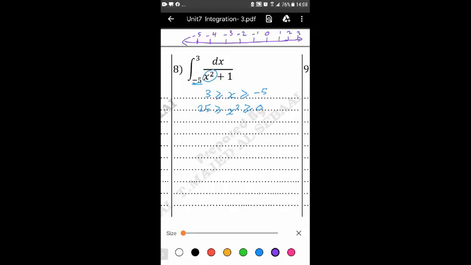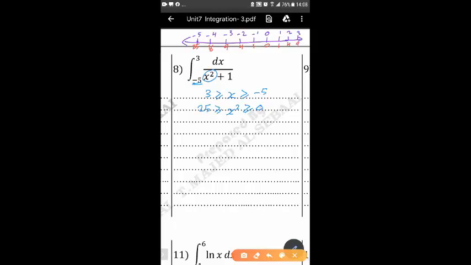And if I square every one, it will be 25, 16, 9, 4, 1, 0, 1, 4, I'm sorry, and 9. So as you can see, the highest number is 25.